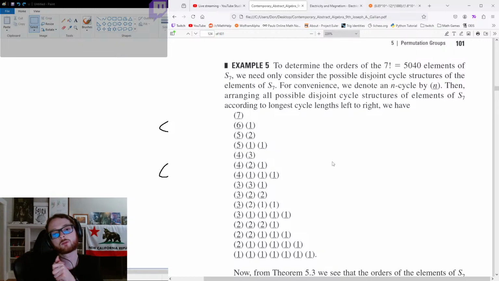The orders of the elements in S7: we knew the possible disjoint cycle structures of the elements of S7. Oh, these are partitions, aren't they?